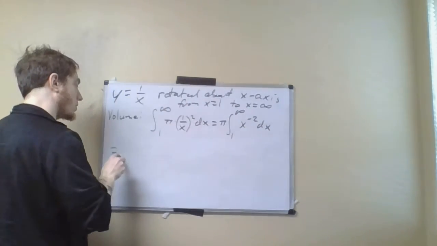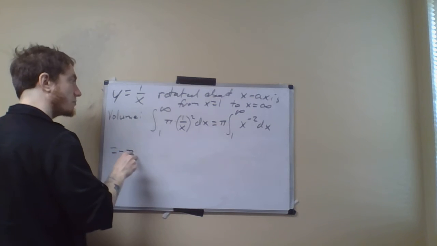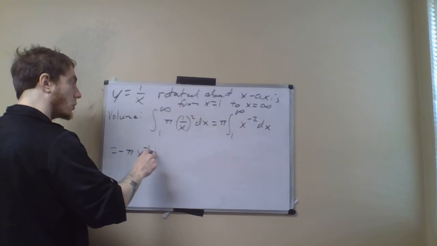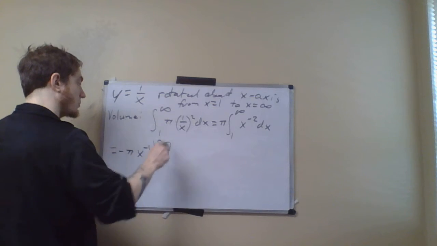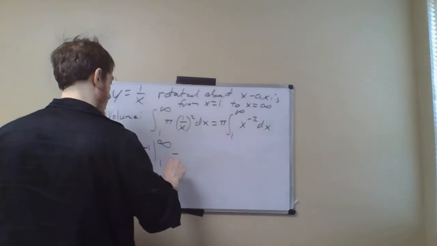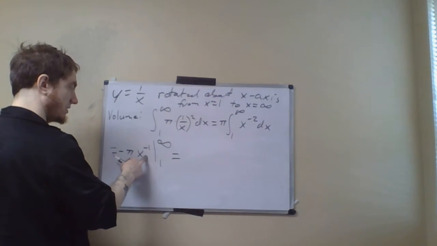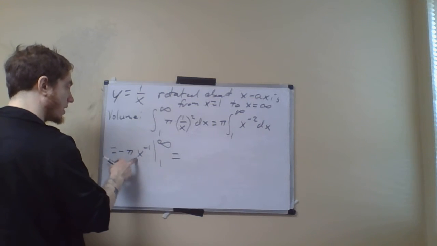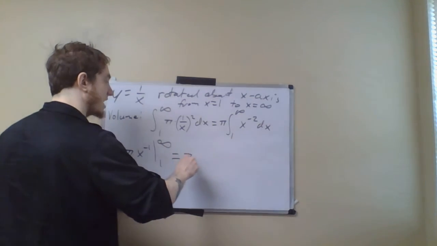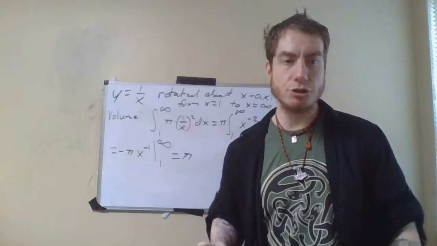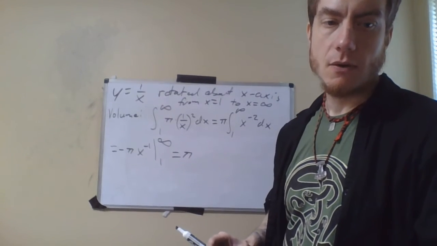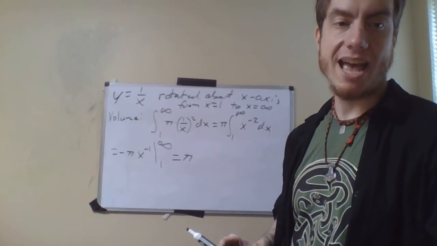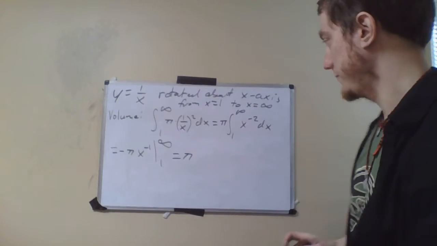And so this is going to become negative pi x to the -1 evaluated from 1 up to infinity. As we approach infinity, this term becomes 0. As we approach 1, it becomes 1. So this comes out to be pi. So this thing actually has a volume that is just pi. So it has a finite volume.